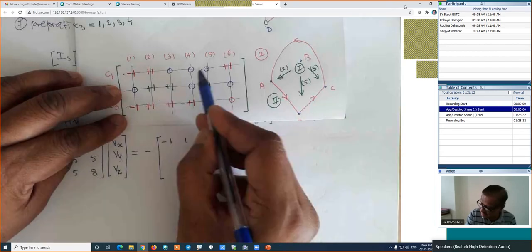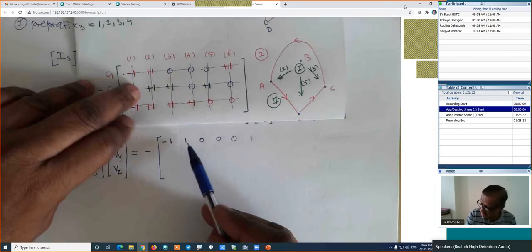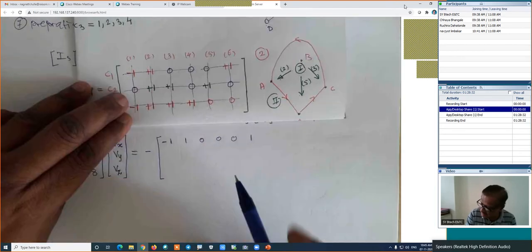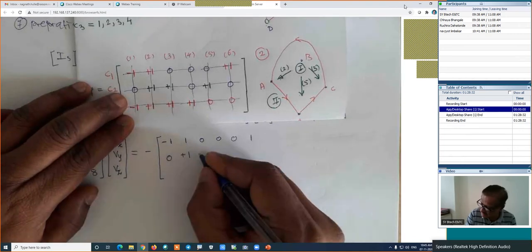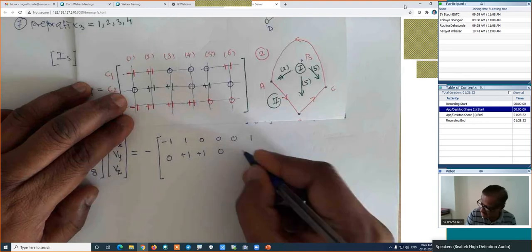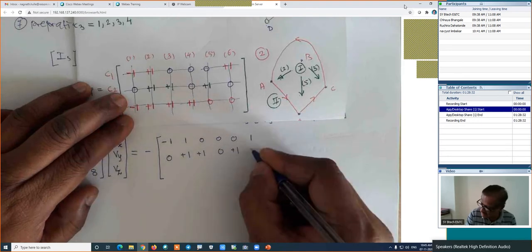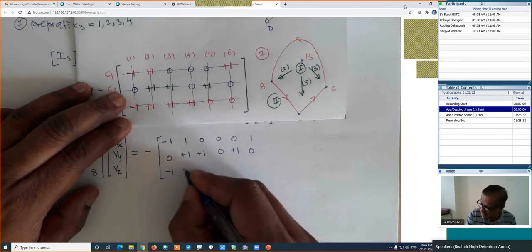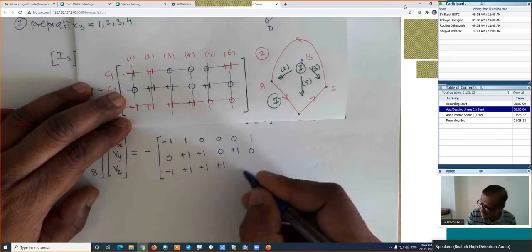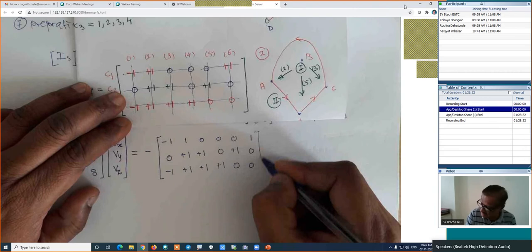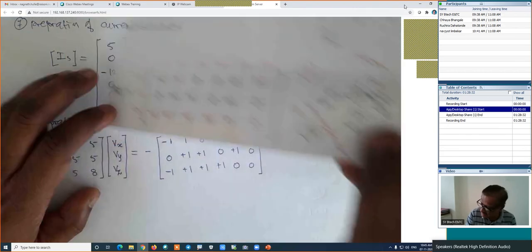Plus 1, 0, this is plus 1, this is 0, this is minus 1, it is plus 1, this is plus 1, this is again plus 1, this value is 0 and this is 0. And this is the QF.